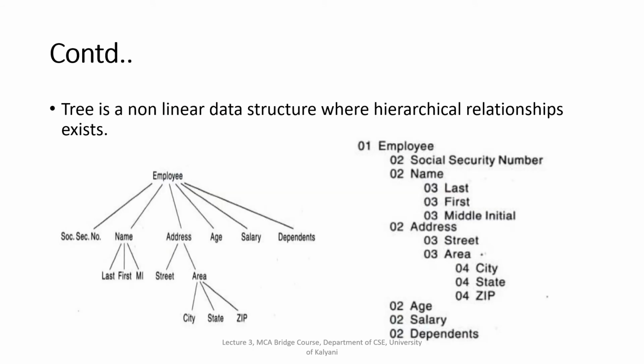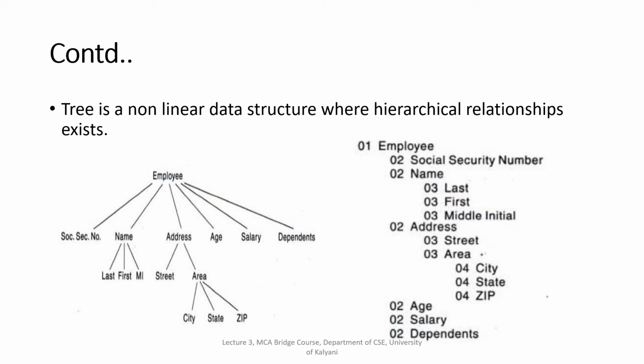So when we can find different relationship among the data, especially in hierarchical relationship, then we represent those data in a tree format. Just for example, the employee has different hierarchical values.